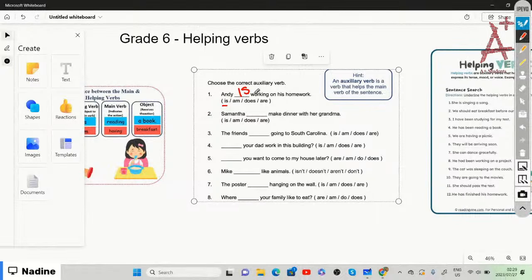All right. Samantha is make dinner with her grandma. Samantha am make dinner with her grandma. Samantha does make dinner with her grandma. Or Samantha are make dinner with her grandma. We need to choose the correct word in brackets in order to fill in the helping verb, or another word for helping verb, like we said, the auxiliary verb.